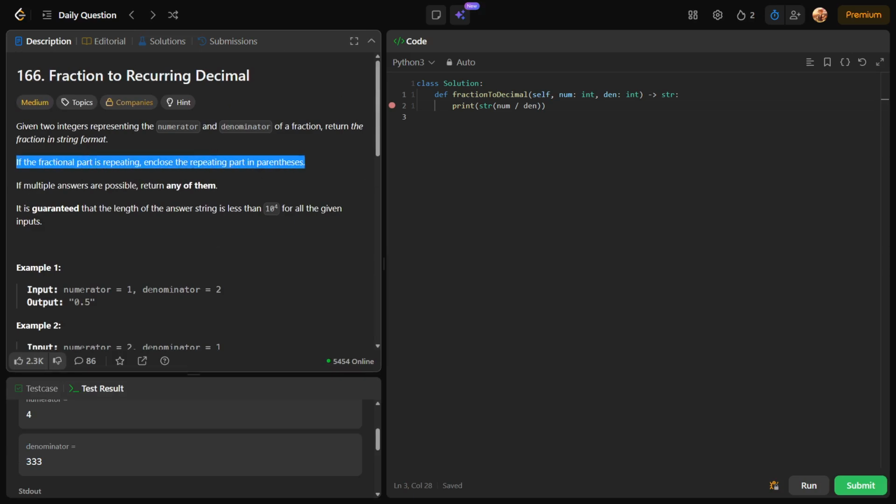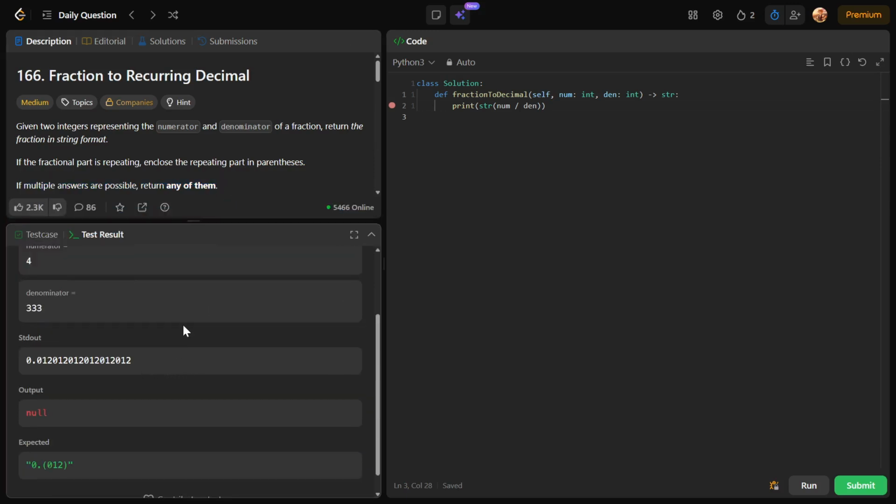Okay, if it's repeating, enclose them in parentheses. Fine.